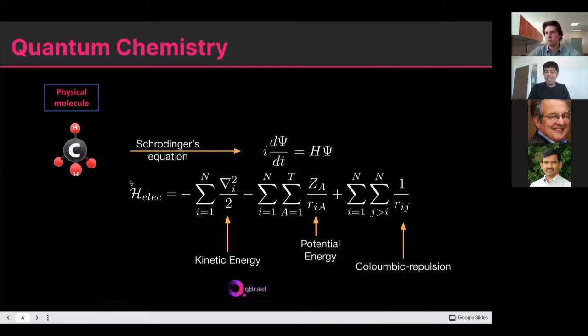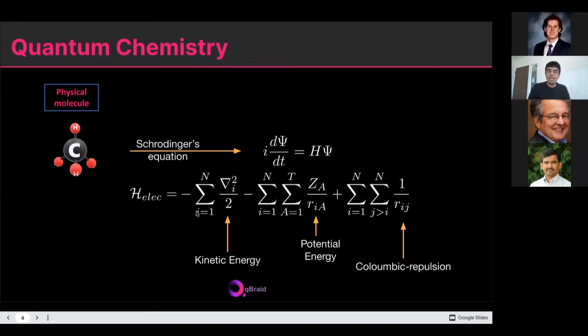The H is a combination of the kinetic energy, potential energy, and Coulombic repulsion. The way you model your atom or molecule, you argue that the nuclei are going to be more or less fixed. And what you are interested in studying in quantum chemistry is the motion of electrons. This is what this equation describes.